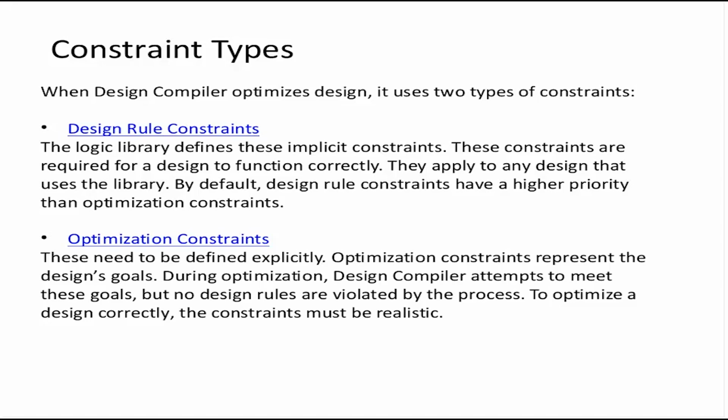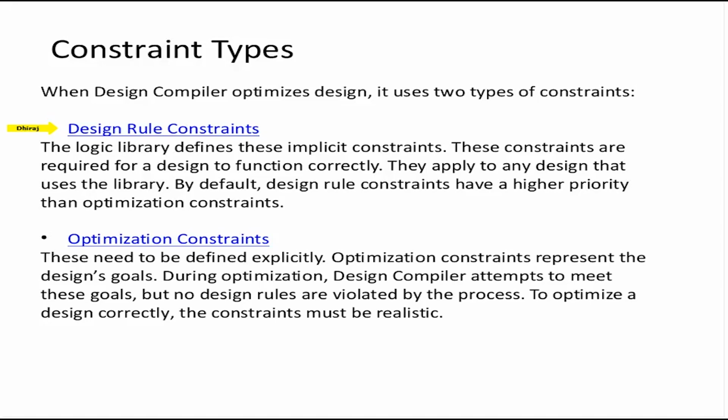The second group is the optimization constraints themselves. These are explicit constraints, that means they need to be defined by the user. They represent the design goals, that is the performance or speed, power and area. During optimization, DC will try to meet these goals, but it will make sure that design rule constraints are met first. The higher priority is given to design rule constraints.